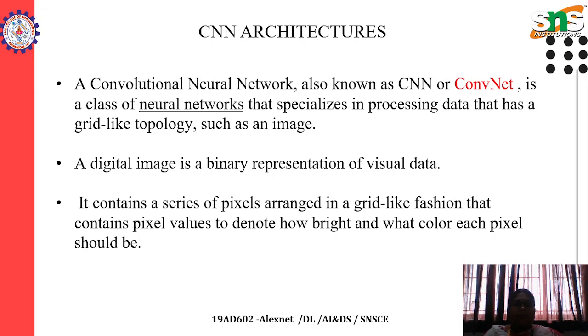So imagine there is a grid which contains a series of pixels arranged in a grid-like fashion, where each cell contains a pixel value. The value is in the form of a pixel, which denotes how bright and what color each pixel should be.